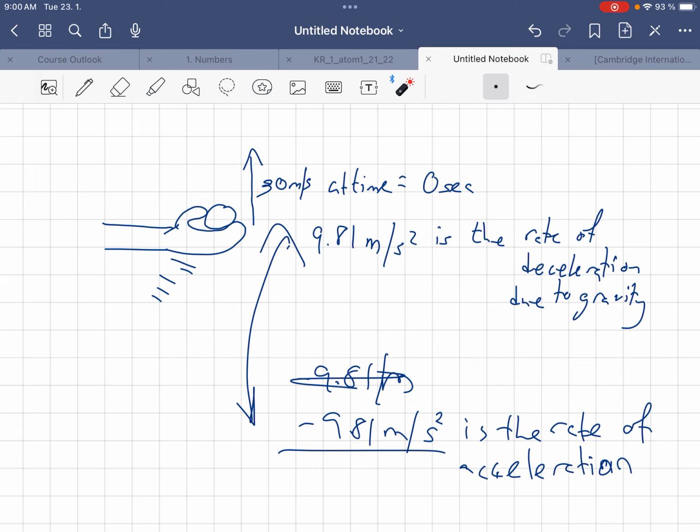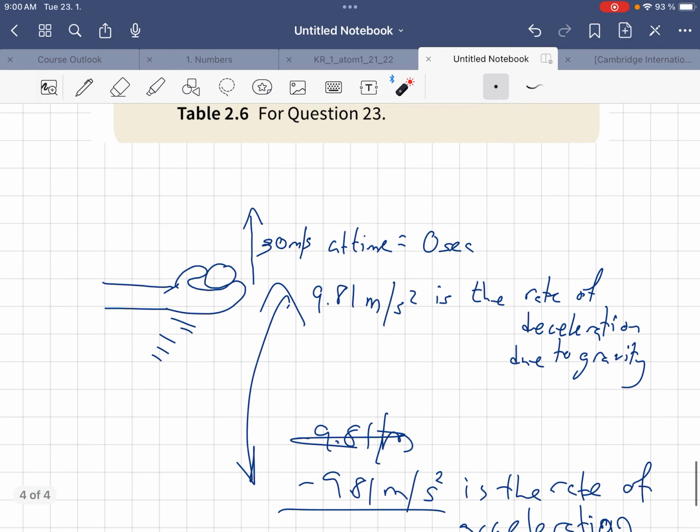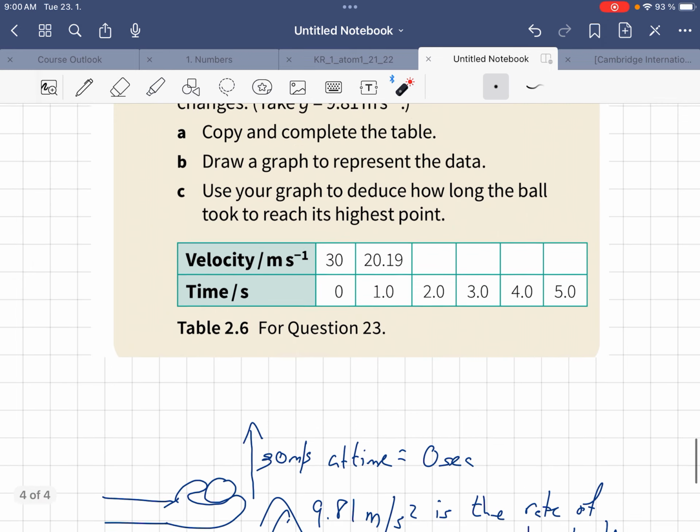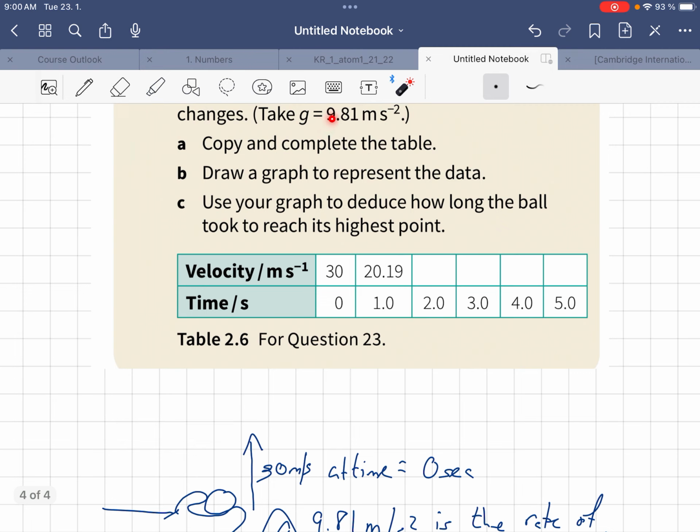The ball is going upwards, so the speed will decrease slowly by 9.81 meters per second squared. So you can see it was at 30. 1 second later, it's going to be 30 minus 9.81, which gives us 20.19. One by one we go and see what the values will be.